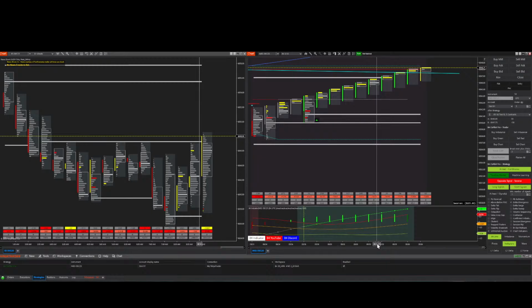So the first line of defense, if let's say you had your two contracts, would be taking one out, and then you'd have one conservatively trailing.